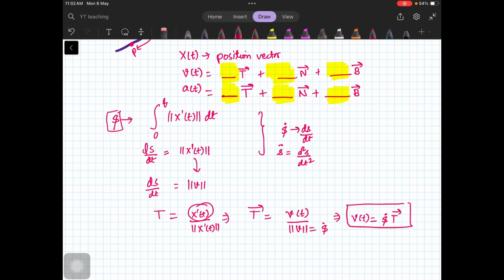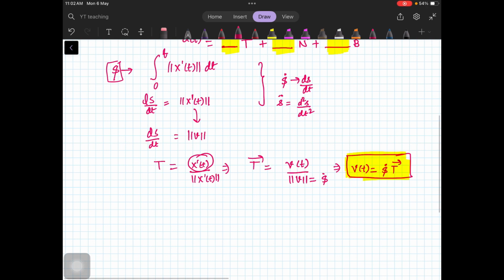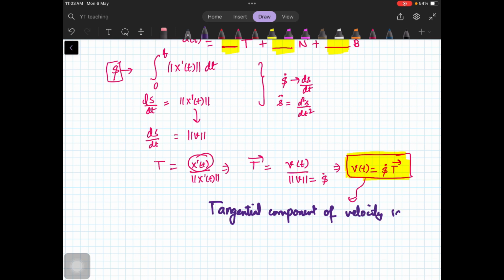This is a very simple expression for v t. So we see that the tangential component of velocity is s dot, and there is no normal and binormal component of velocity.